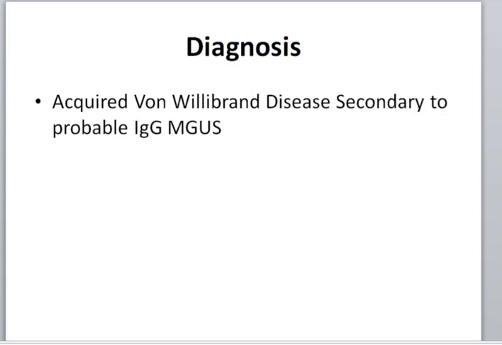So the final diagnosis in this patient is acquired von Willebrand disease secondary to MGUS, IgG subtype. Mentioning the type of MGUS is important because MGUS can be IgG or IgM, and their management for the acquired von Willebrand disease is a bit different.